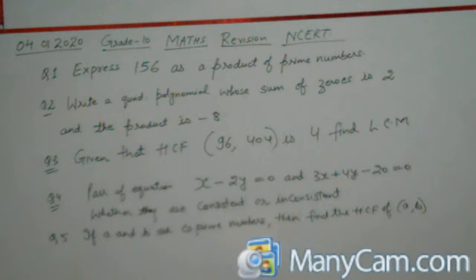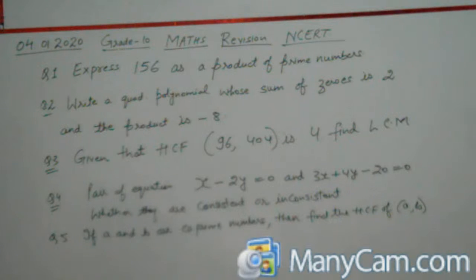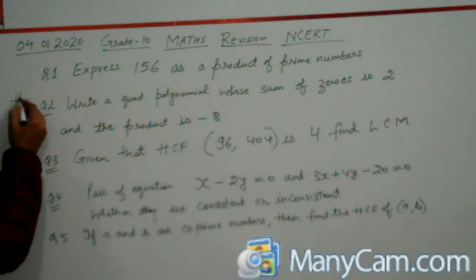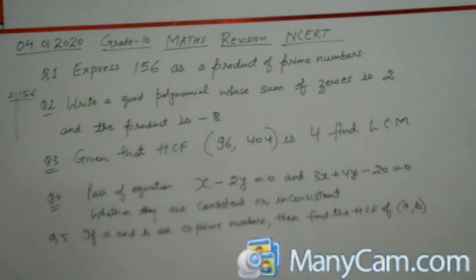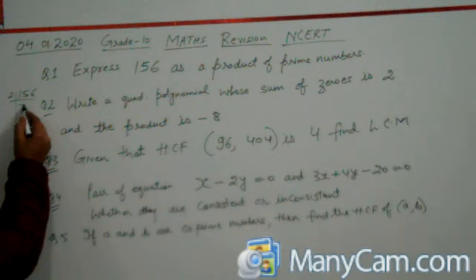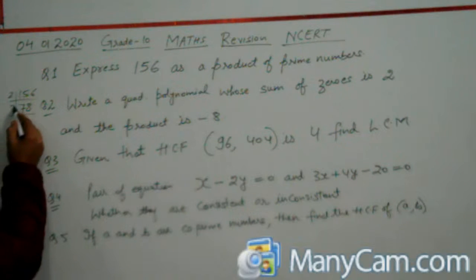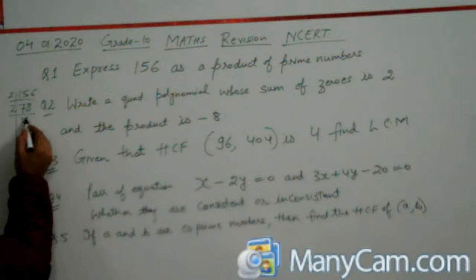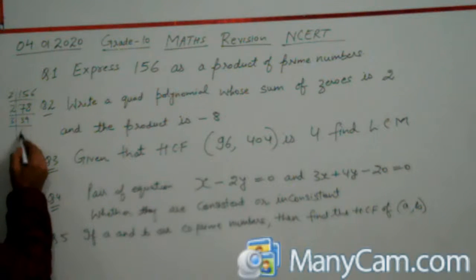So here, first question, 156. When we start with 156, it's an even number, so start with 2. Half of 156 is 78. Again with 2, 3 2s are 6, and 39. And then we have 3, 13.